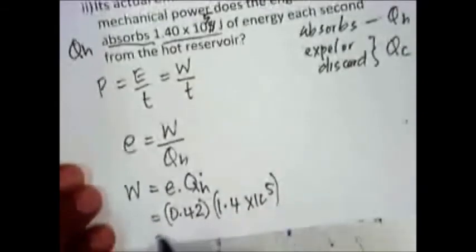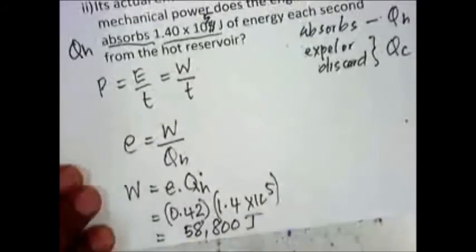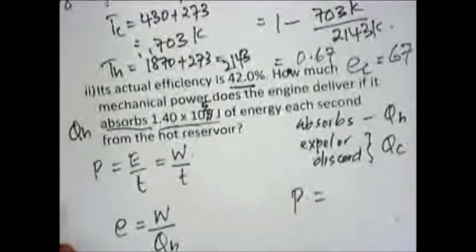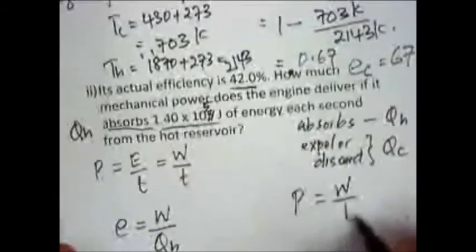Okay, your work done is equal to 0.42 multiplied by 1.4 times 10 to the power 5. You get 58,800 joules as your work done. Okay, so when you want to find your power, power is equal to work done divided by time.